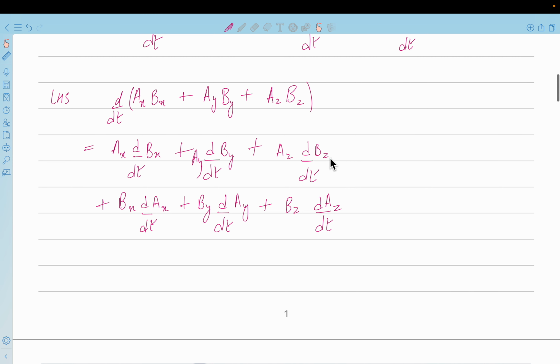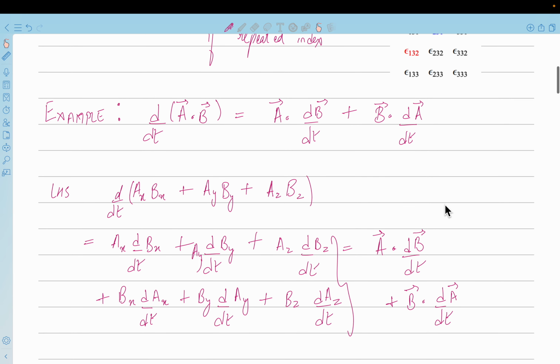And now you can see that ax is multiplied to the x component of the derivative of b, right? So immediately we can write that this term is actually equal to A vector dotted with d by dt of the B vector, and the bottom row is nothing but B vector dotted with d by dt of the A vector.